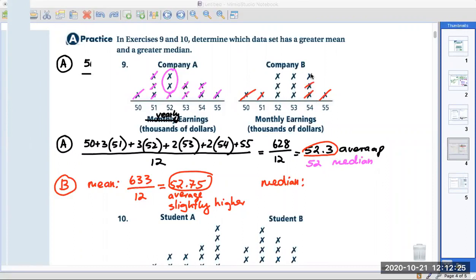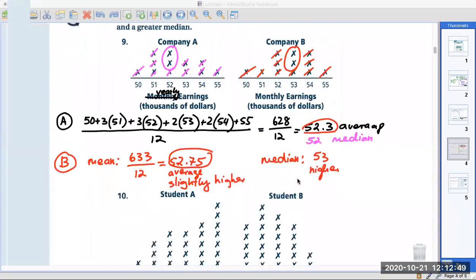So 1, 2, 1, 2, and then 1. I think that's how it works. And that's 53. So it's higher too. So it looks like company B is the one that's better wages. Okay, so that's how we can compare.